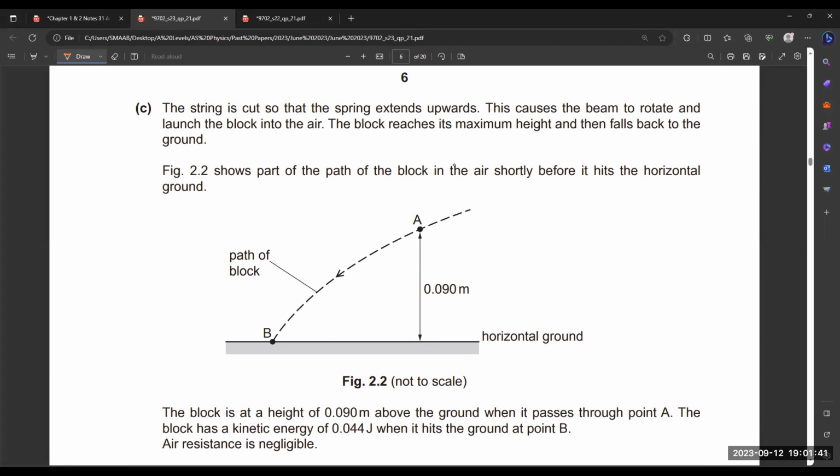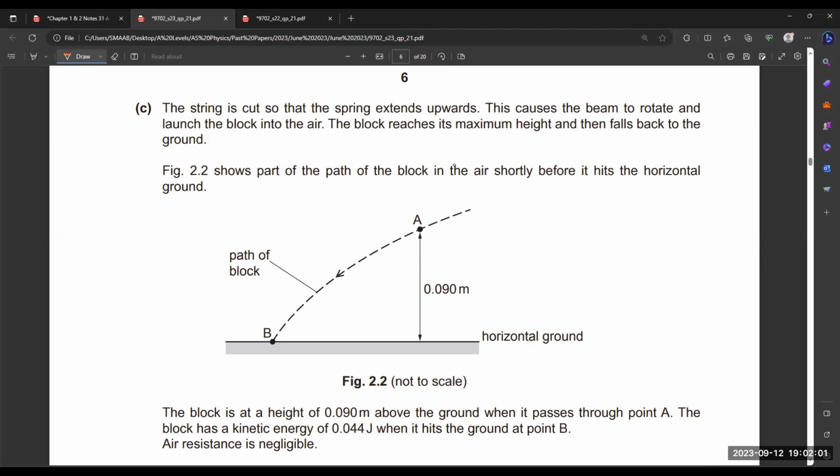And when you cut that string, it will act like a catapult machine, right? If you place a ruler at the corner of the table and apply force on that ruler, and an object is placed on the other end of the ruler, that will move like a projectile.